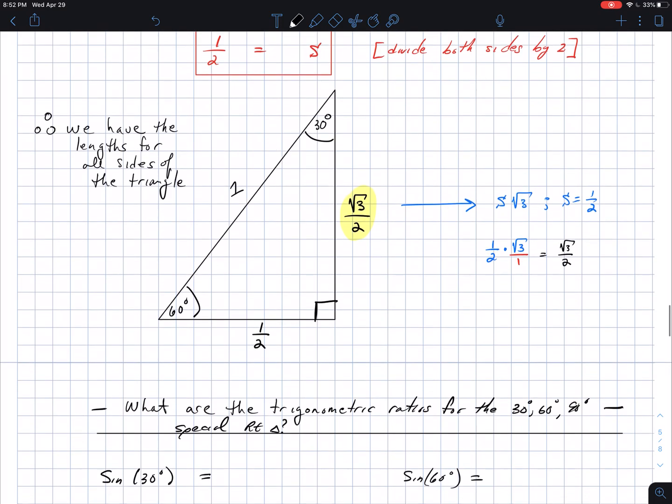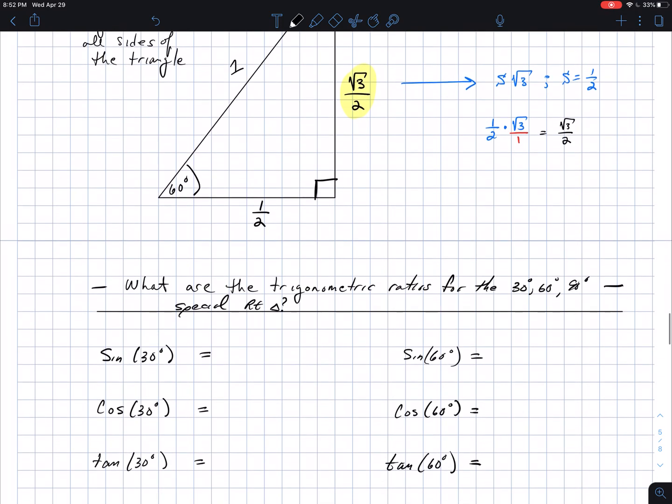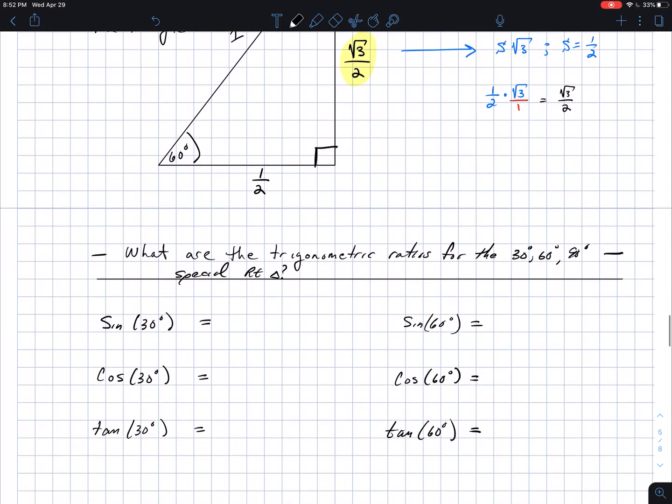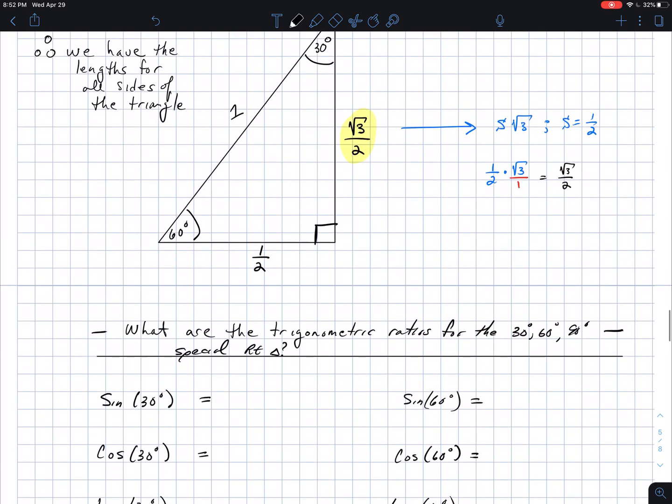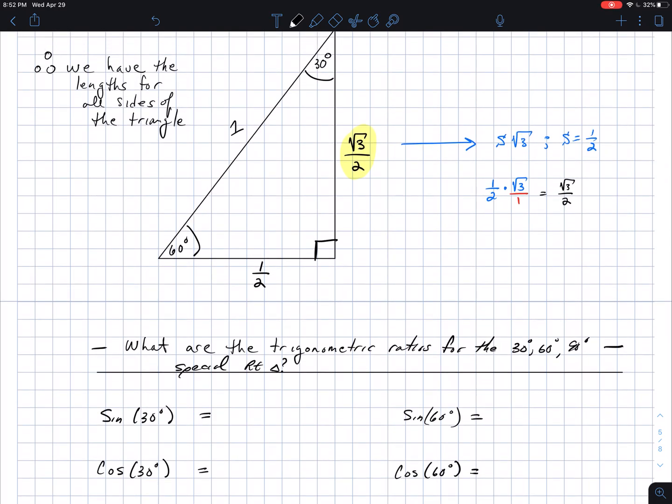So we're getting closer to the end. So it says, what are the trigonometric ratios for the 30, 60, 90? Well, the sine of 30 is what? SOH, opposite over hypotenuse. So the opposite side to 30 is a half.